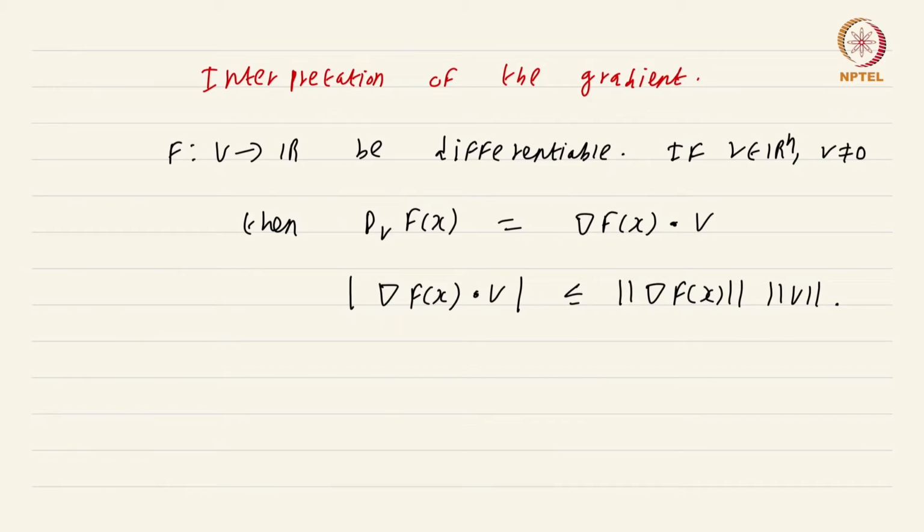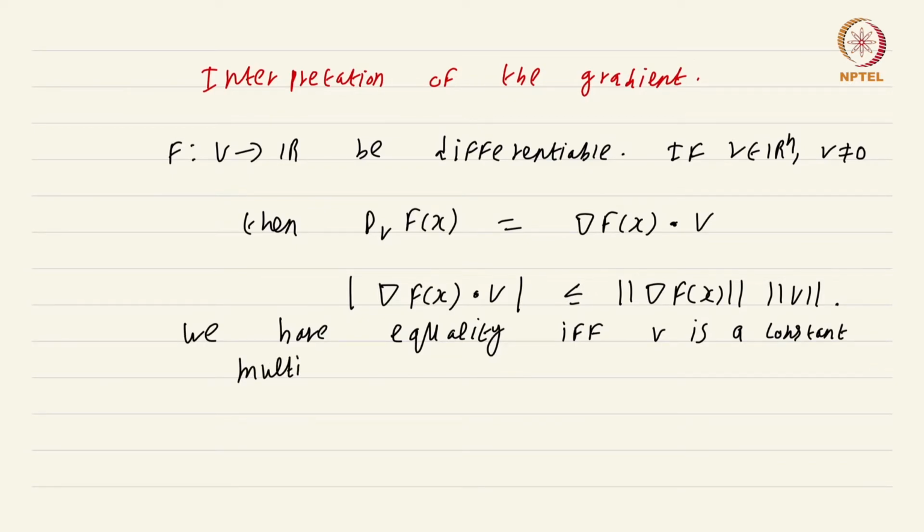And in fact we have equality, recall from our study of normed vector spaces, if and only if v is a constant multiple of this gradient.